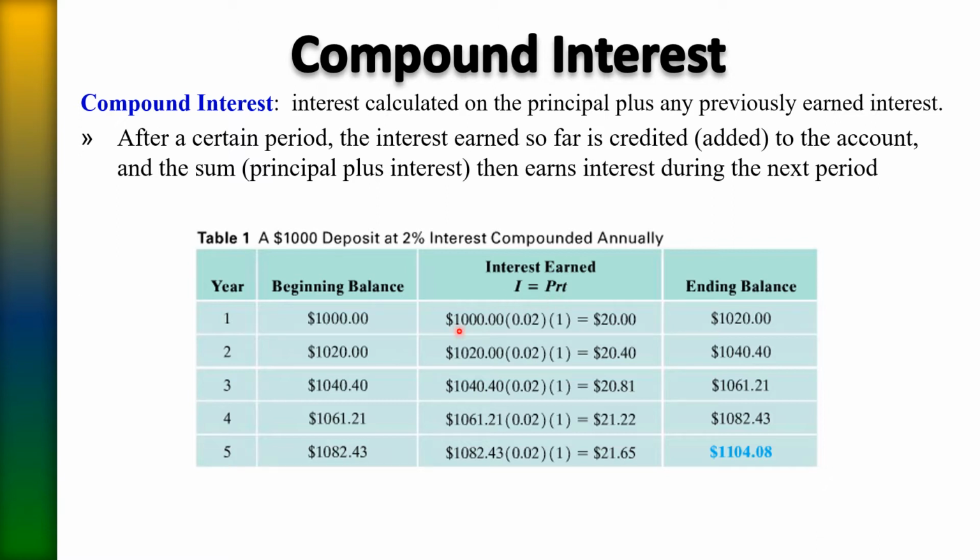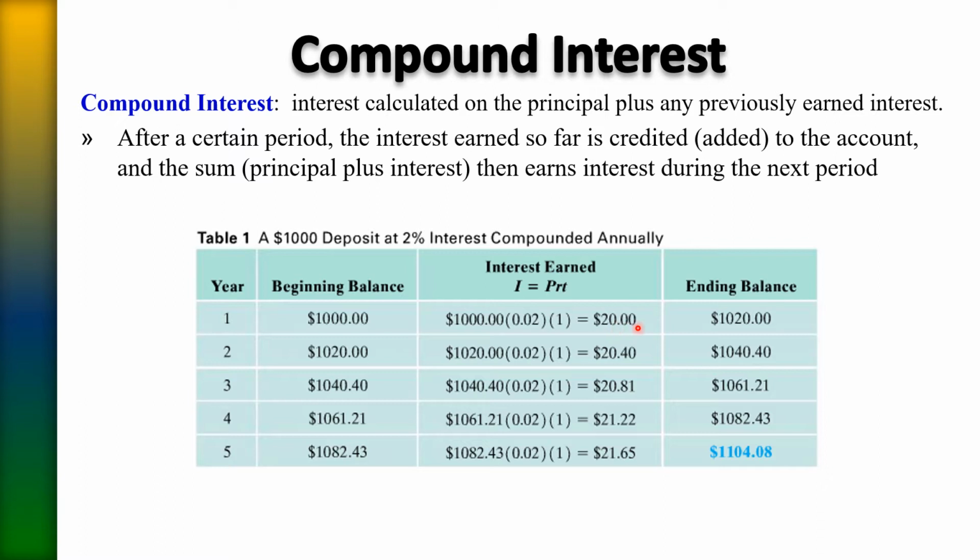P, the principal amount put in, was 1,000. The rate on the account, remember, was 2%, so to write it as a decimal is 0.02, and the time here is 1 year. This is annually. So that's going to give you $20 interest earned on that.